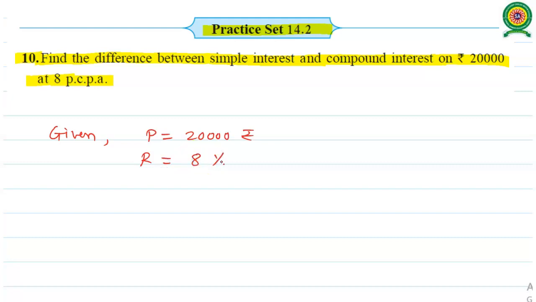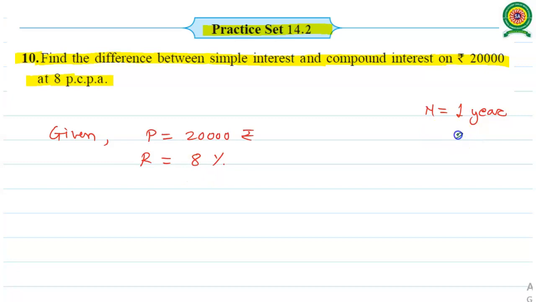Duration is not given. So keep in mind, for the first year, when the duration is 1, the simple interest equals the compound interest, because the principal, the duration of 1 year, and the rate of interest are the same.